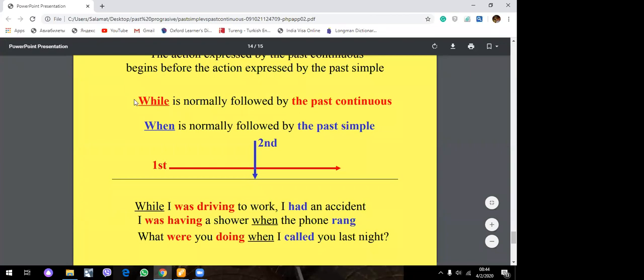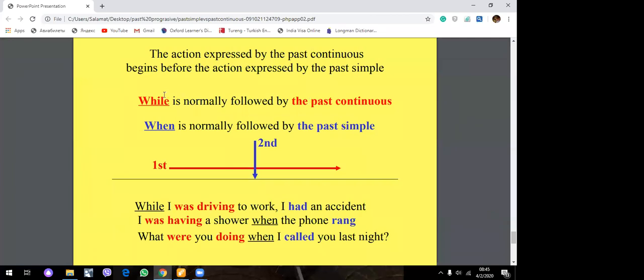Okay, while has to be followed by past continuous. Okay, we cannot use after the while the past simple. If we use while, it has to be past continuous. It has to continue with ing form. Okay. After while we use past continuous.